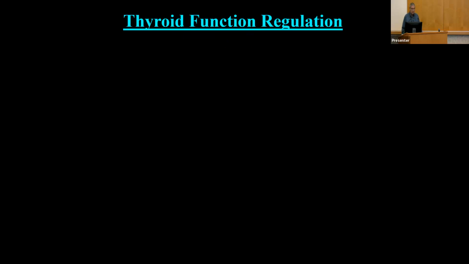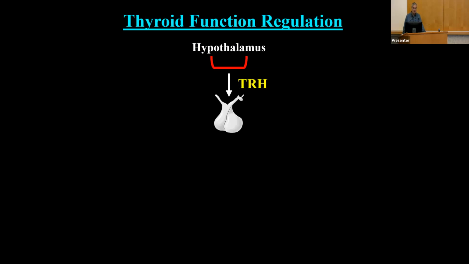So everybody knows you start an endocrine lecture with physiology. So the hypothalamus actually regulates the whole thyroid axis by making thyrotropin releasing hormone, which stimulates the pituitary gland to make thyroid stimulating hormone, TSH. That stimulates the thyroid gland to produce a whole lot of T4 and a little bit of T3.